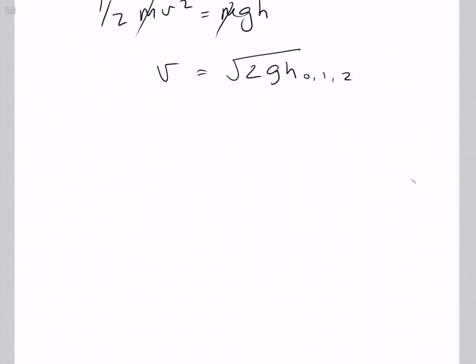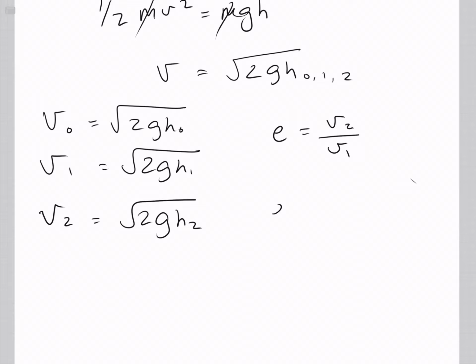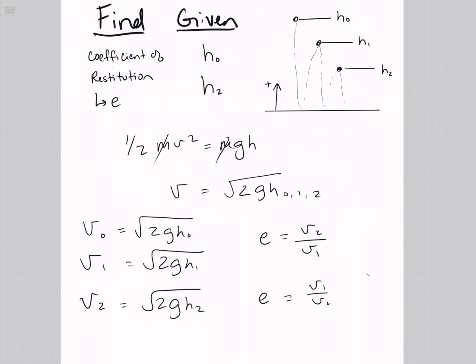We know H0, H1, and H2, so we get three equations from that: V0 equals the square root of 2gh0, V1 equals the square root of 2gh1, and V2 equals the square root of 2gh2. And for the coefficient of restitution, we can get two equations from that, V2 over V1 and V1 over V0.